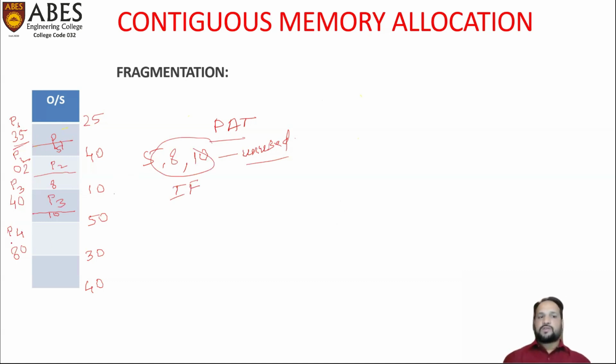And we have another process which is of 80 MB size, and we are left with 30 MB and 40 MB. In total, it is 70 MB, yet we are not able to accommodate this process in any other portion.